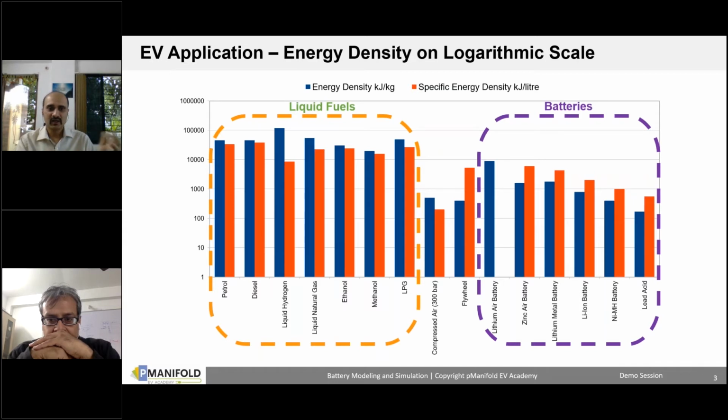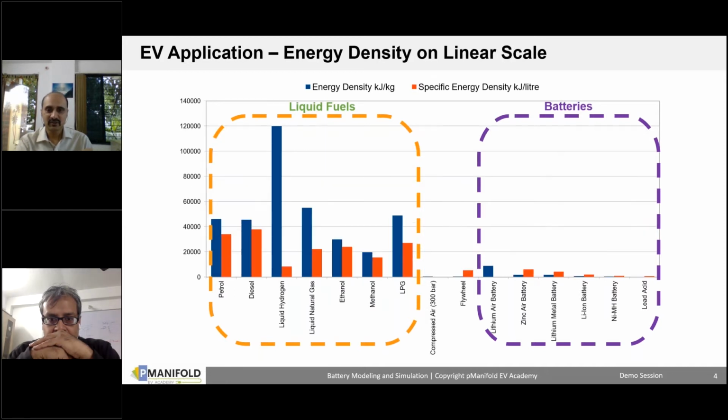So you are seeing this graph and you probably wonder why I'm talking about a challenge here, because they seem pretty well matched. But if you notice, the scale here is a log scale, not a linear scale. The reason why I put a log scale is because on a linear scale, the batteries are hardly visible.